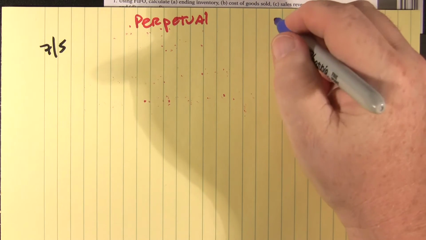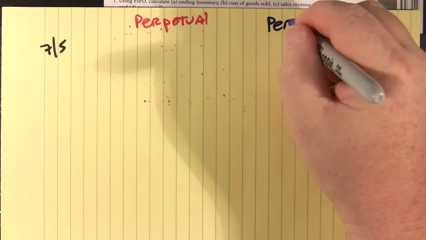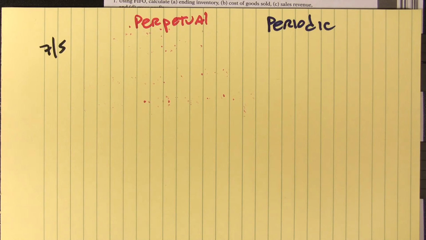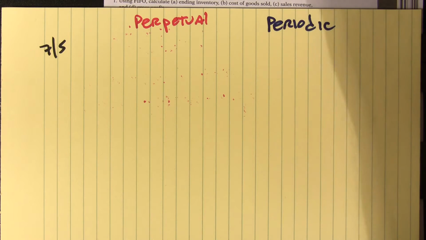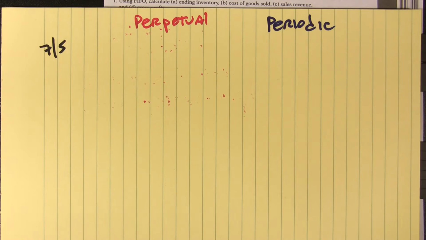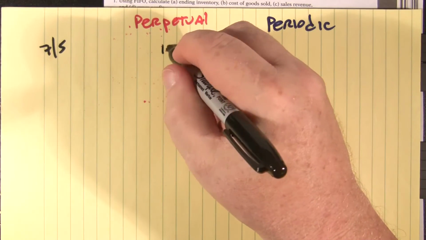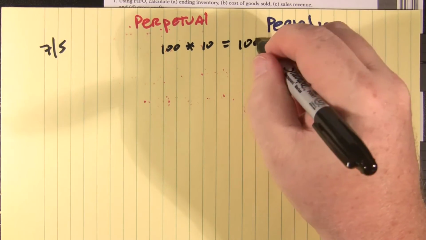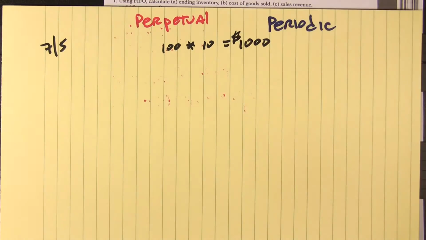And we'll see if we can highlight the differences. Okay, in either case, they bought 100 units at $10 each. So that's $1,000, and that doesn't matter how they do it.